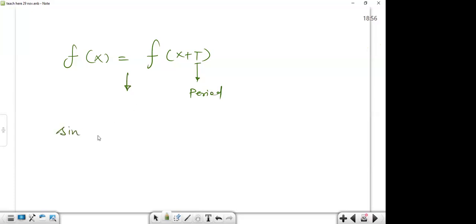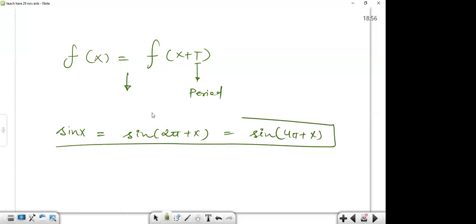Sine of x will be equal to sine of 2 pi plus x. Even if you multiply that period by any integer, let's say 2 pi into 2, so 4 pi plus x, it will also be the same, equal to sine of x. So this is about periodicity.